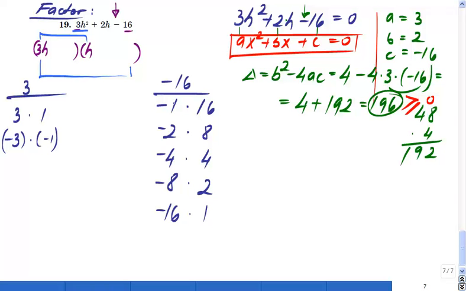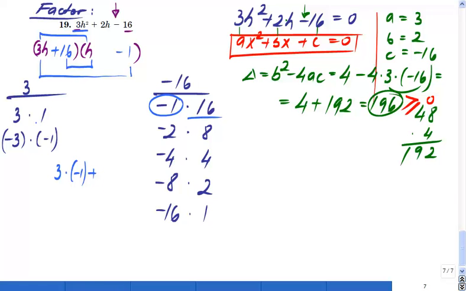Let's say I have 3h times negative 1, basically 3 times negative 1, to which I will add the product of the inner terms. FOIL: first, outer, inner. Because I used negative 1 for this one, I have to put the number that multiplied by negative 1 gives negative 16. That's positive 16.